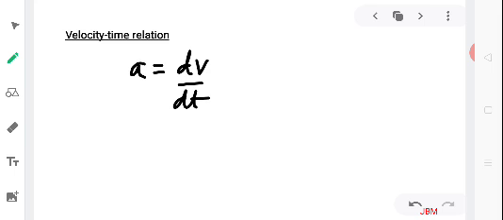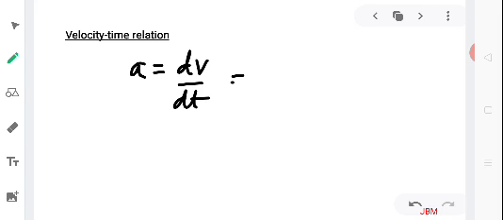So, if the change in velocity is dv in a small duration of time dt, then acceleration will be given by dv by dt. Small change in velocity and small change of time, that is the first derivative. So A is equal to dv by dt.